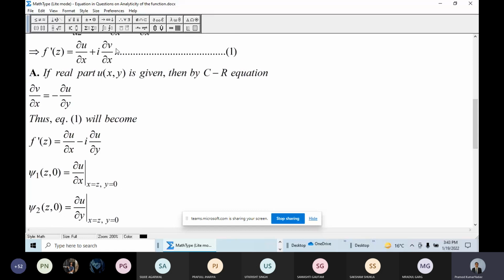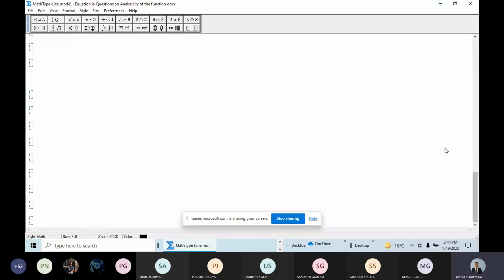So v is given, so we need to convert this in terms of v.